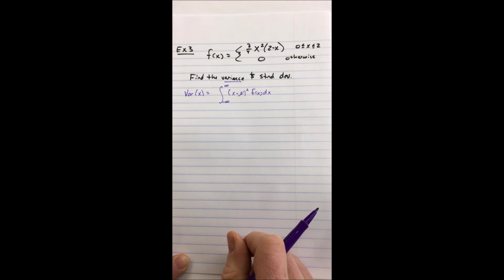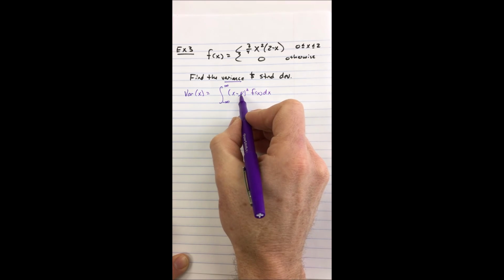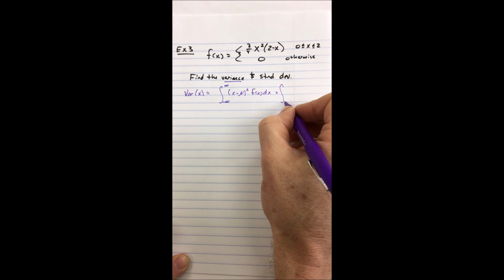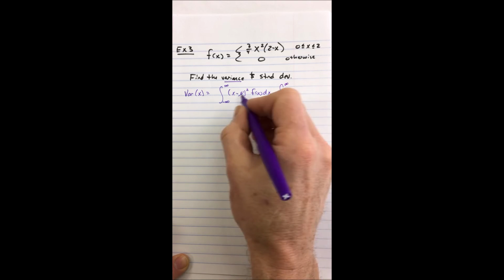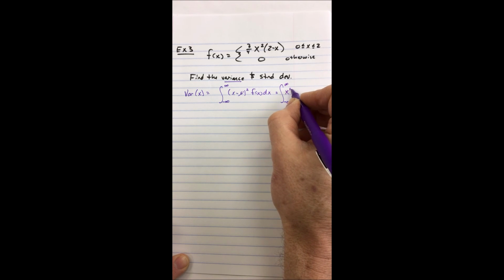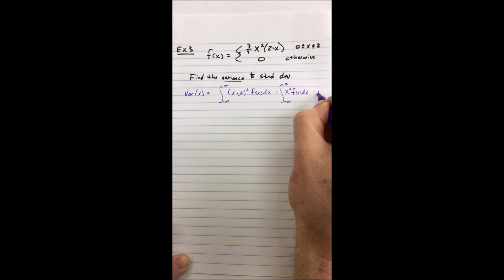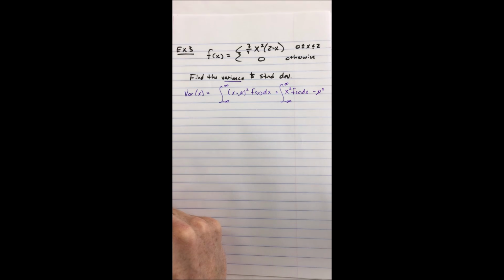Of course mu represents our mean, the expected value. But we could also rearrange and simplify it slightly, and what we end up with is the integral of x squared times f of x dx minus mu squared. It doesn't matter which of those forms you use, they will both work.